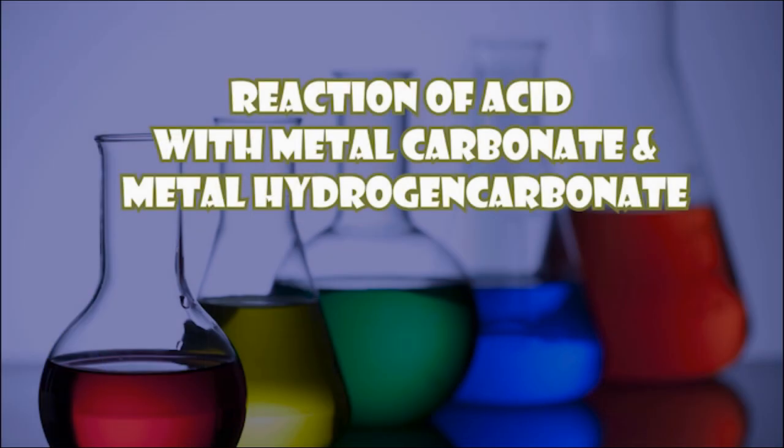Now we'll see what happens when acid is reacted with metal carbonate and metal hydrogen carbonate. Whenever the acid is reacted with metal carbonate or metal hydrogen carbonate, the product remains the same. It forms salt and water along with the liberation of carbon dioxide.